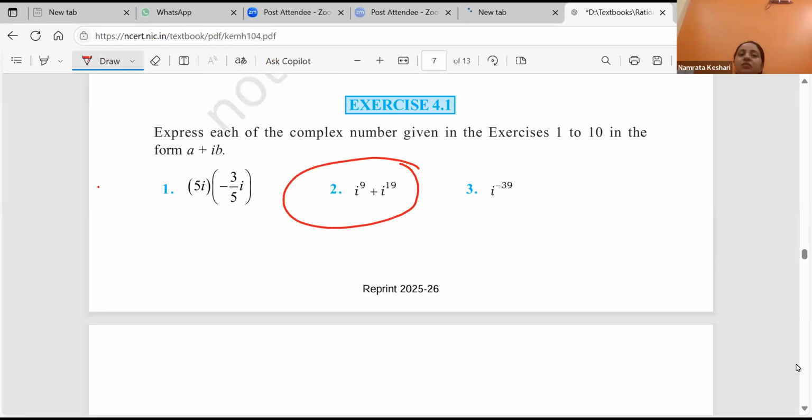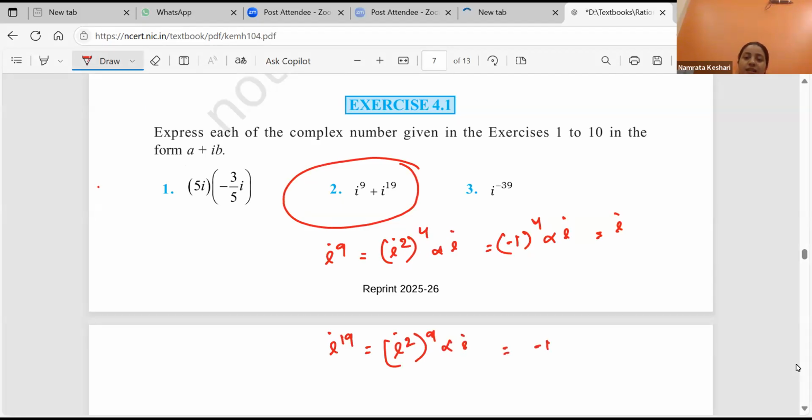So number two, already we can see i to the power 9 plus i to the power 19. Now i to the power 9 means what? i squared to the power what? 4 into i. That means minus 1 to the power 4 into i. That means just i, right? Yes, miss. And i to the power 19 means what? i squared raised to 9 into i.